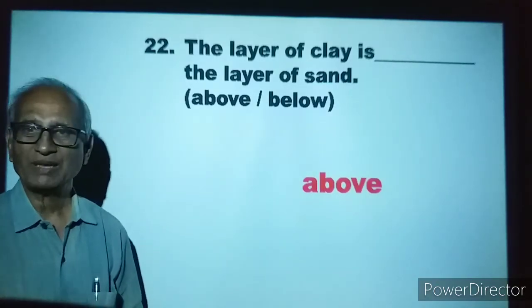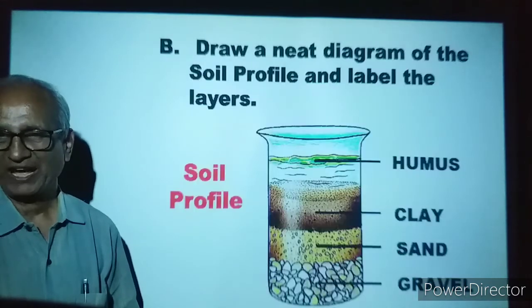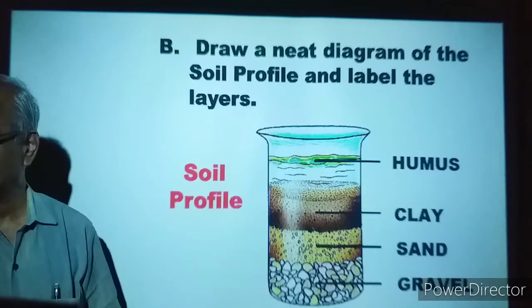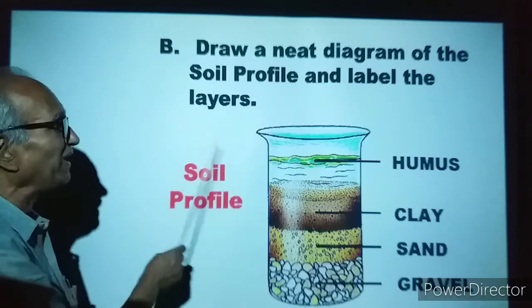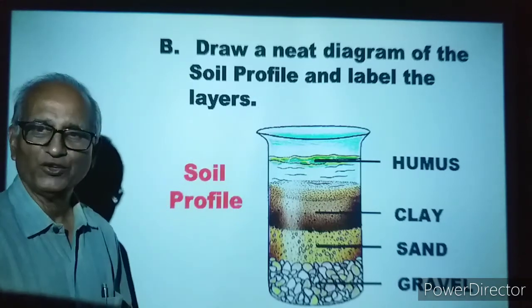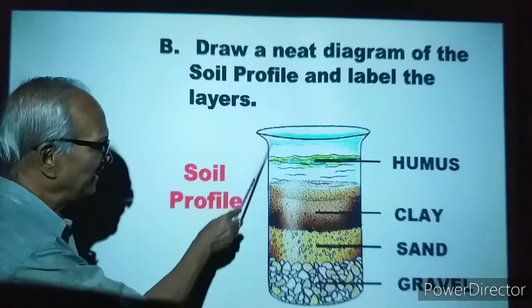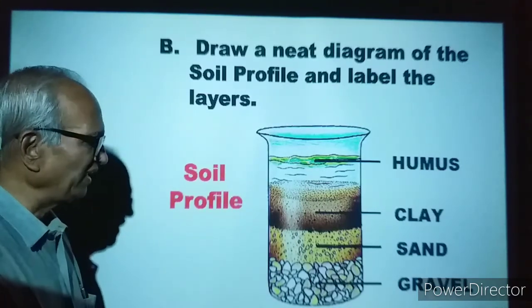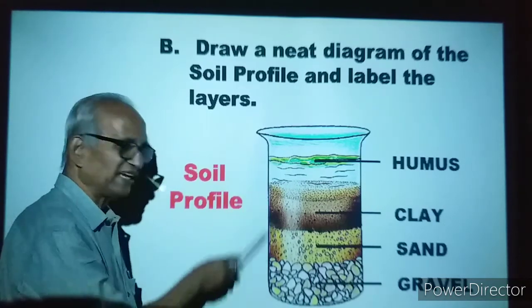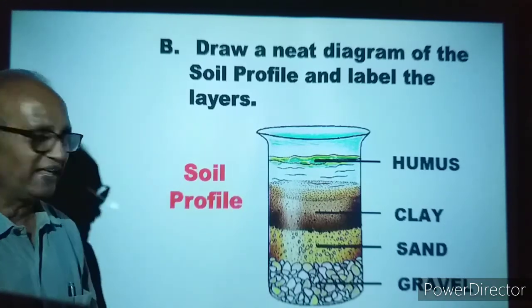Now children, you have something to draw. Have the fun of drawing it down. See here, draw a neat diagram of the soil profile and label the layers. You have learnt about it. In a vessel, we have taken soil, we have poured water, and the soil has settled down into different layers.